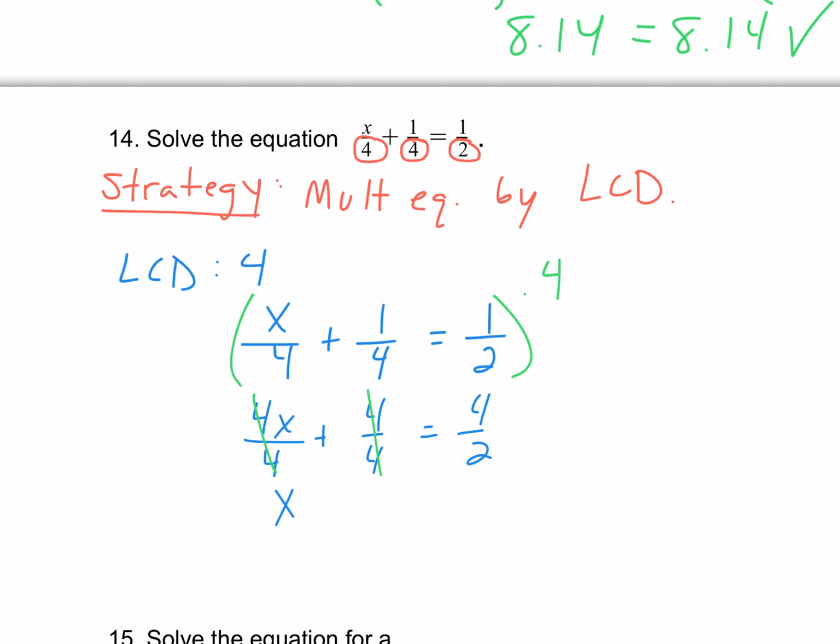So let me write x plus 4 divided by 4 is 1 equals 4 divided by 2 is 2. Much easier equation to solve now. So I'm going to subtract 1, and x is 1. Again, you can always go back and check. If I plug in 1/4 plus 1/4, I do get a half. So remember the strategy, multiply by the LCD.